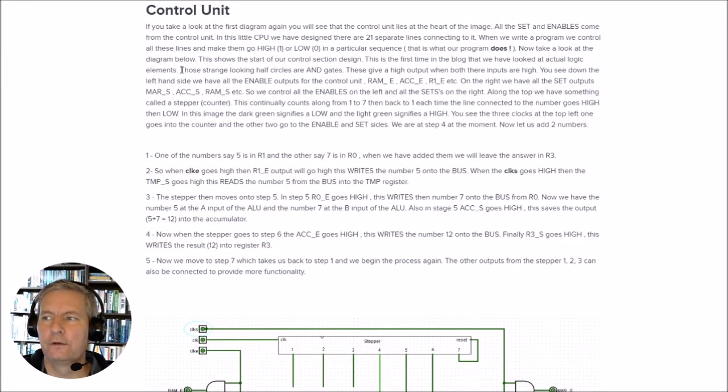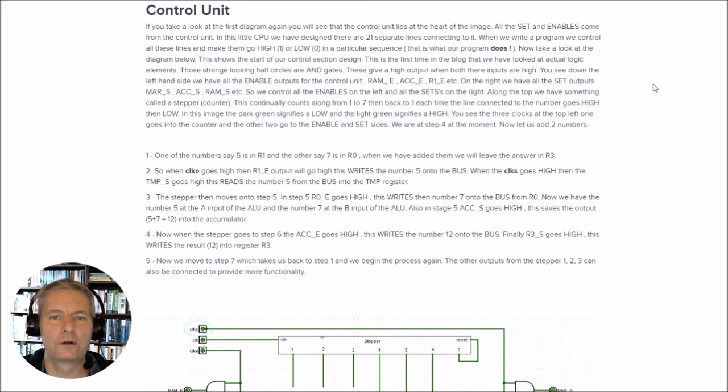So we've seen that the control unit lies at the heart of our CPU. All the sets and enables come from the control unit. In this little CPU we've designed there are 21 separate lines connecting to it.